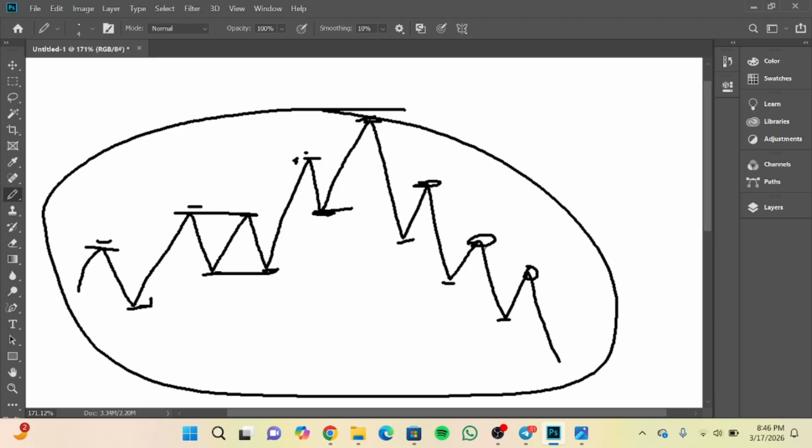So it is a lower high. Once again, it sounds funny, but that is the concept of the market. And this is another lower high. So when you see a series of lower highs like this, it is an indication that the market is clearly moving in a downward direction.